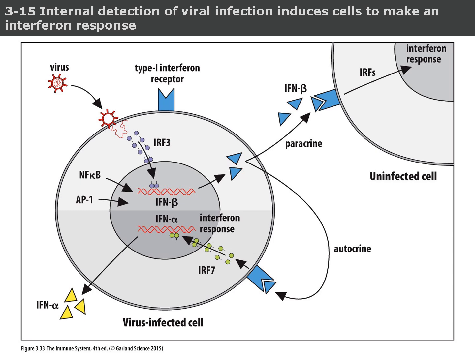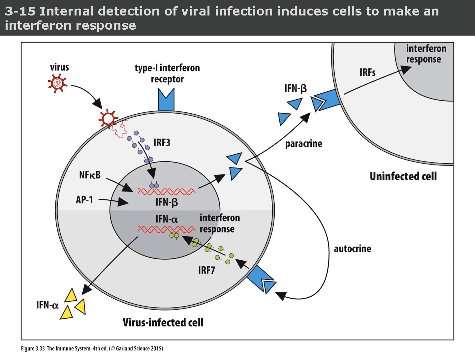The interferon beta that is secreted from the infected cell binds to type I interferon receptors on the same cell in an autocrine manner, and on nearby uninfected cells in a paracrine manner. When interferon beta binds its receptor, it activates signaling pathways that lead to the expression of additional interferon-stimulated genes, including interferon regulatory factor 7.